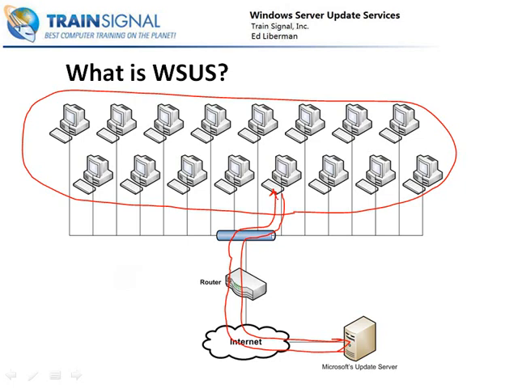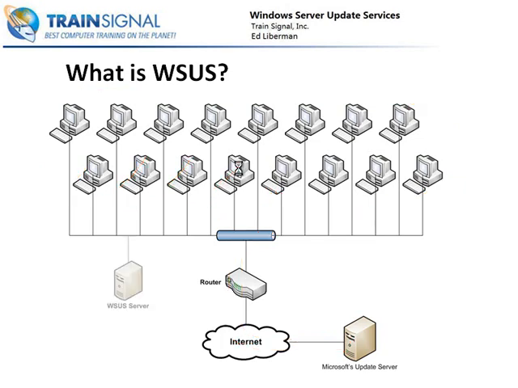And I'll tell you what, just doing that once can use up quite a bit of bandwidth. Imagine having to do that with each and every client out there. Well, that would be kind of crazy. WSUS gives us the ability to now have all of our clients communicate with a WSUS server for their updates.